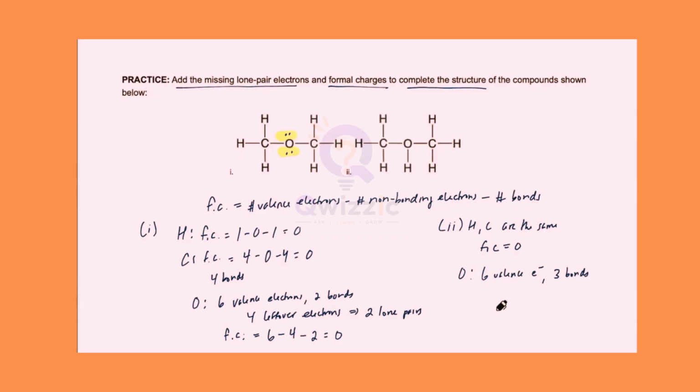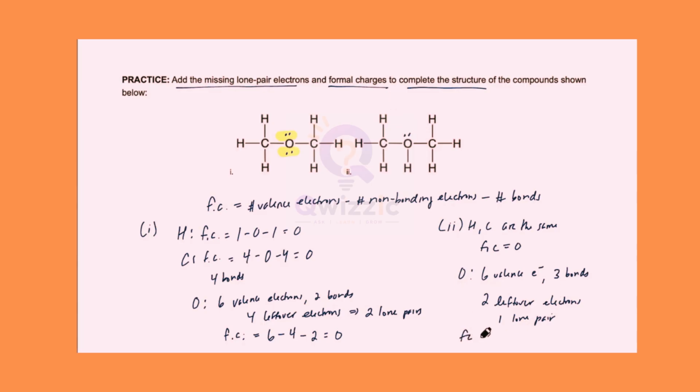So we have 6 electrons in bonds surrounding it. So we have 2 leftover electrons. And so we have 1 lone pair. So we'll draw that on the molecule, our single lone pair.